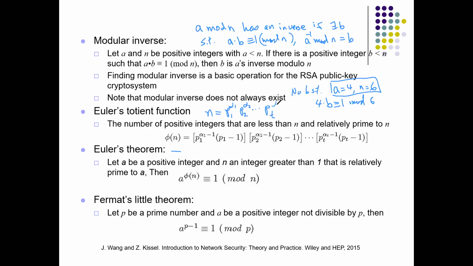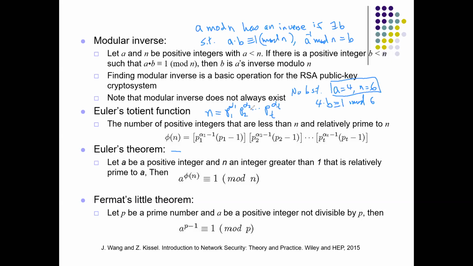Let's write it as this, and each of these alpha is greater than or equal to 1. These prime numbers may not be consecutive, okay? They are just written as a product of these prime numbers.